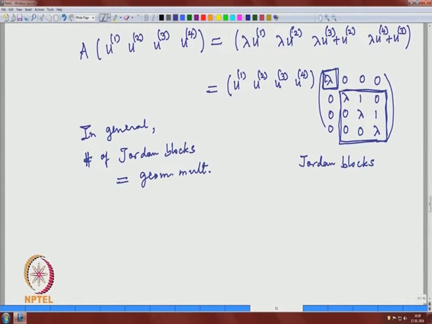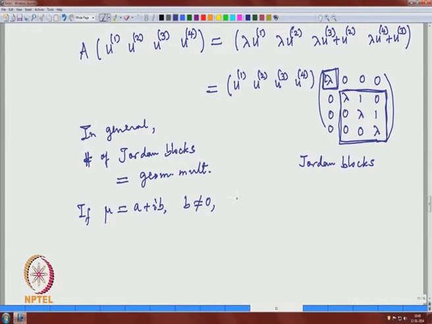And if mu is non-real, so just a plus i b, b non-zero, the Jordan blocks are a bit complicated because the eigenvectors are complex. So, we have to take only the real part and imaginary part.